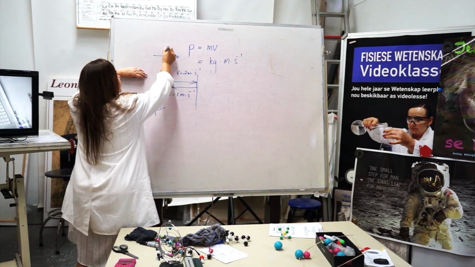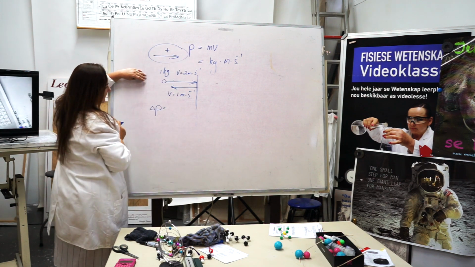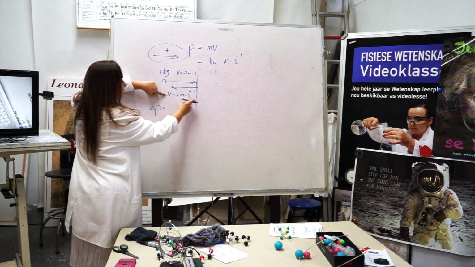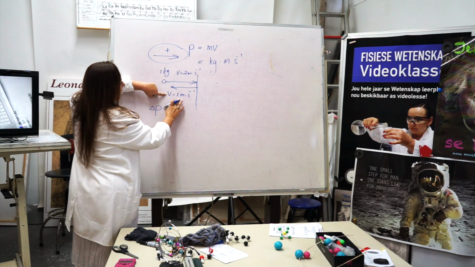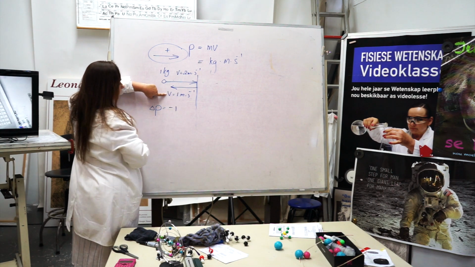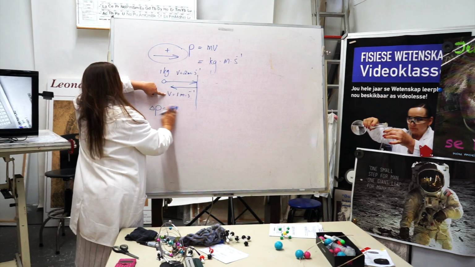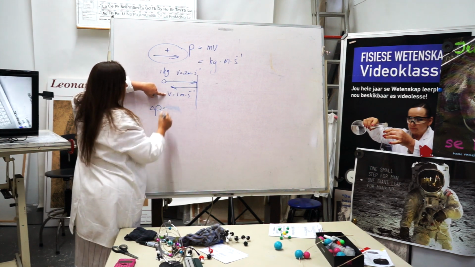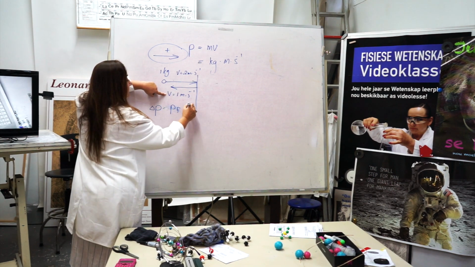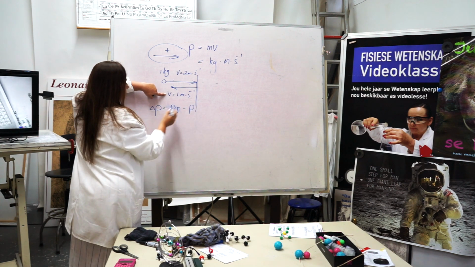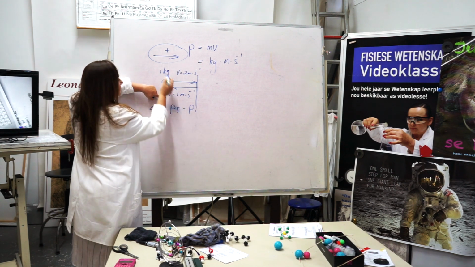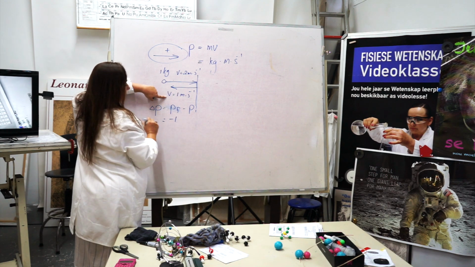So, let's choose that direction as my positive direction, which gives me then my final momentum as -1. Let me just show you the formula again. It's final momentum minus initial momentum. Final momentum, 1 times 1 in the negative direction, is -1.